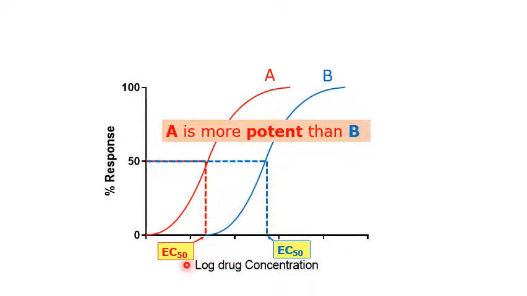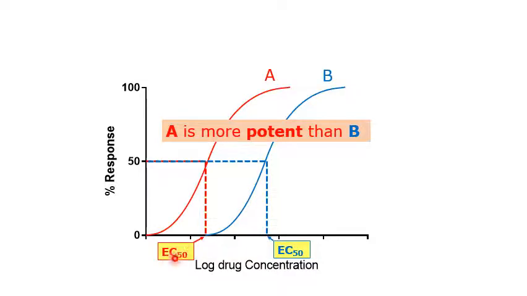Again, the EC50 is the concentration of a drug that is able to produce 50% of the response, and if EC50 is low, this means that the drug is more potent than a drug at which the EC50 is large.